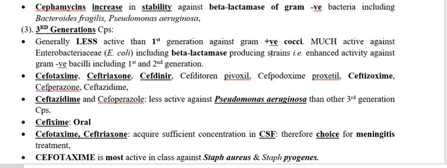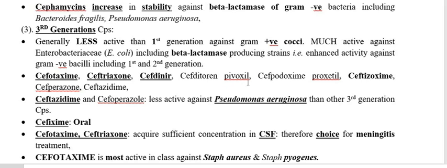However, the gram positive activity of the third generation cephalosporin is reduced compared to the first generation. So this is very, very important. Another important point is that this group also has activity against Pseudomonas aeruginosa, like the cephamycins possess in the second generation.